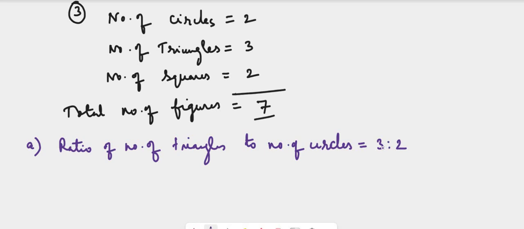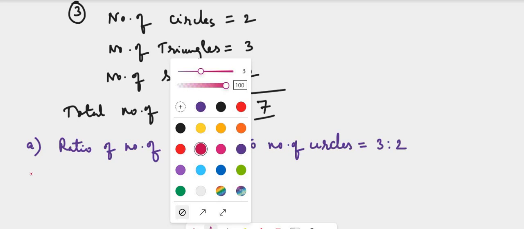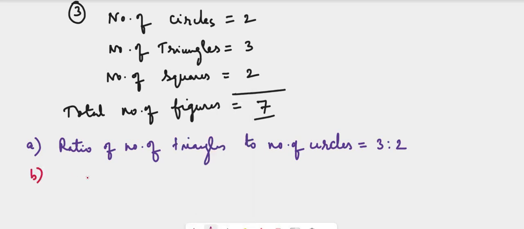So already it is in simplest form, no need to convert into simplest form. No common table is possible in both except one.